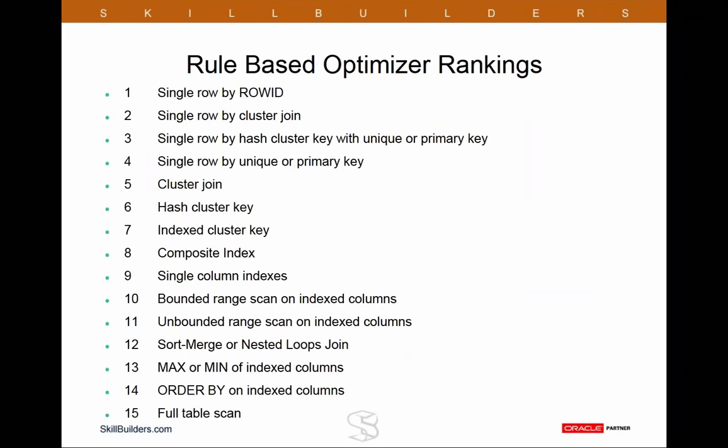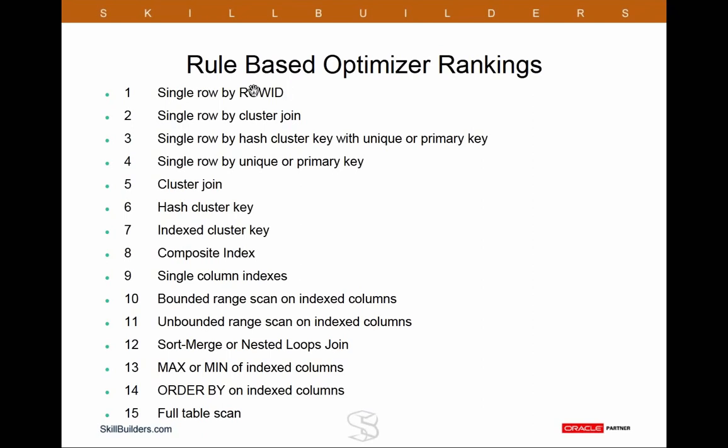Turning the rule-based optimizer on can sometimes be quite revealing and helpful. But what you're seeing in the rule-based optimizer in these rankings here, what are these? These are access paths. And one of the things that you'll have to come to terms with as you learn about SQL tuning is the different access paths that Oracle has in its bag of tricks.